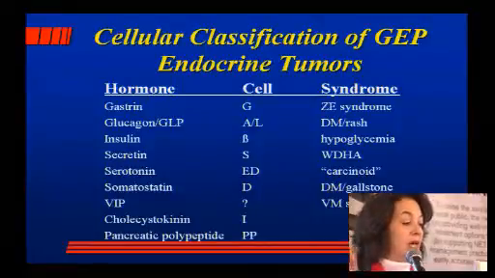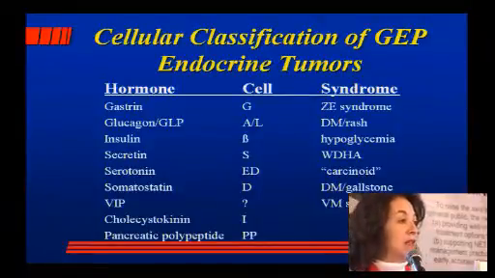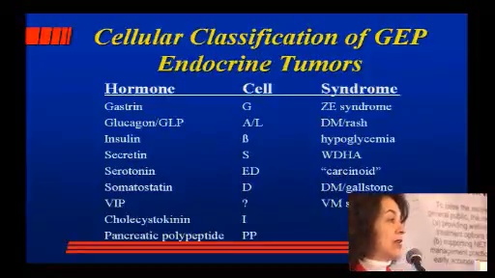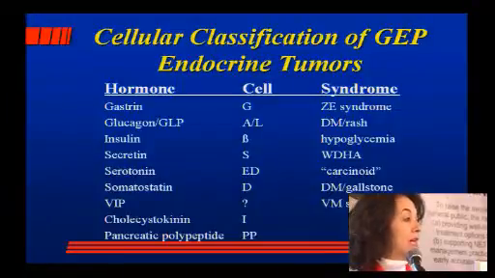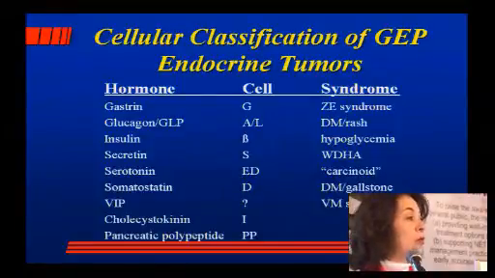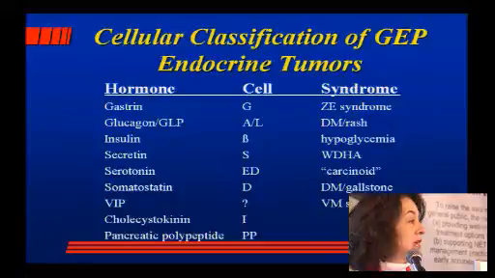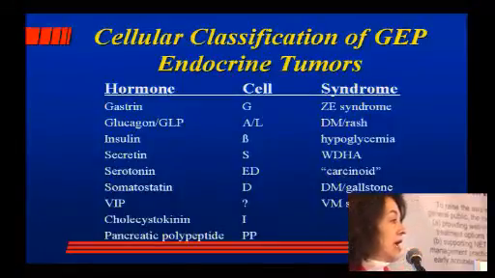Gastrin, for example, is a cell type, the G cell, that lives in the stomach normally. And so you can get a gastrinoma with the Zollinger-Ellison syndrome for a patient who's got a gastric neuroendocrine tumor. But gastrin also can be made by pancreatic endocrine cells only in the fetus, in the embryonic state. And then as you mature, your pancreas cells are not supposed to make gastrin anymore.